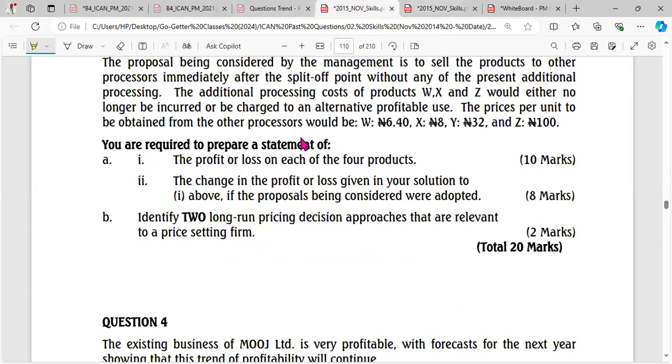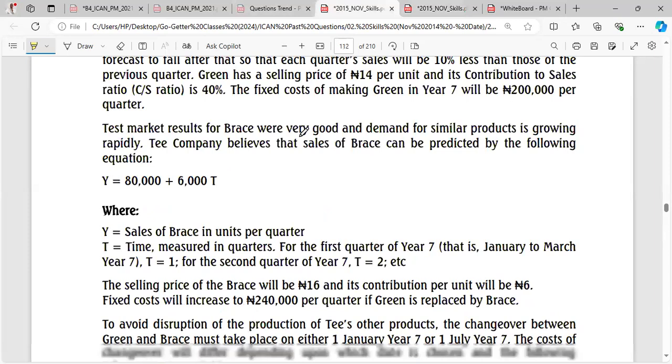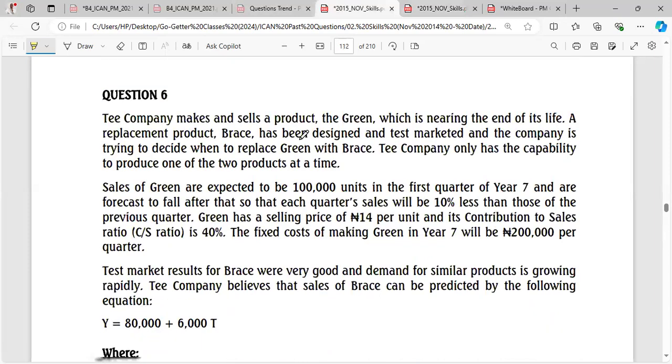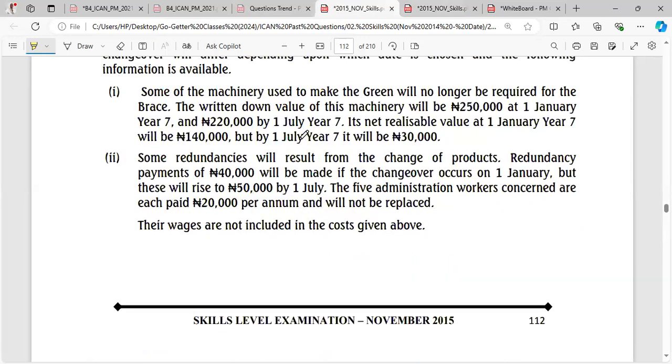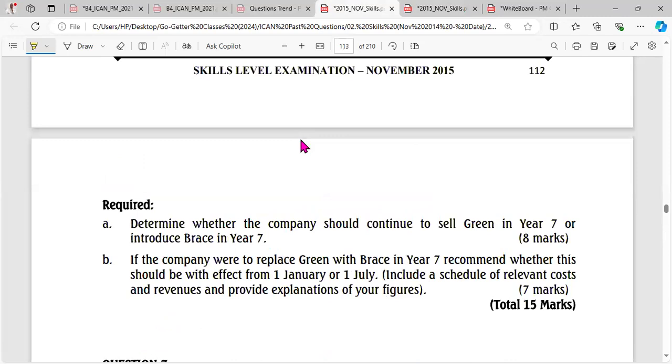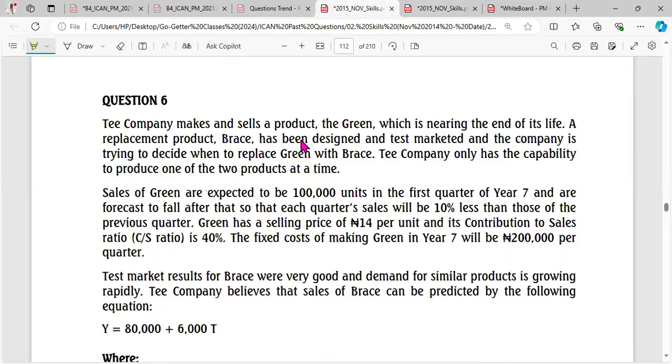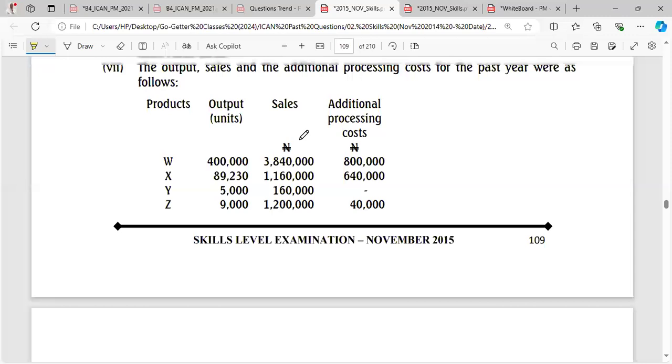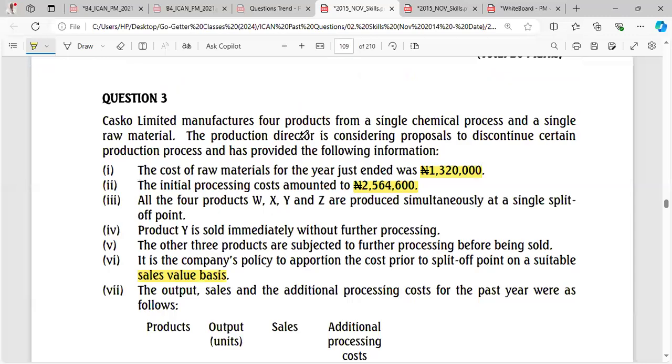Okay, no, that's not the question. So it is just this question number 3 that talks about either continue to process further or sell immediately. So you've seen the consideration for that.